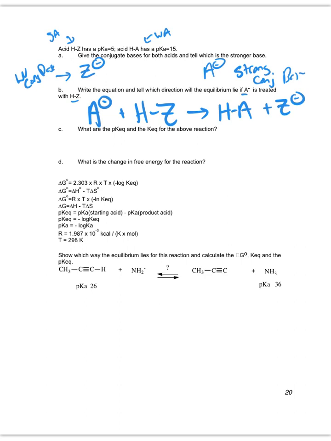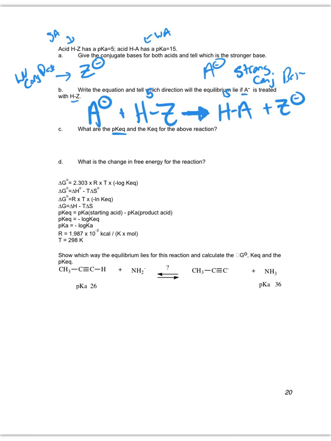HZ has a pKa of 5, HA has a pKa of 15, so we know HZ is the stronger acid, HA is the weaker acid, so this equilibrium will lie towards products based on just the difference in the pKa of the starting acid and the product acid. So how do we go from the pKa of both the starting acid and product acid and figure out the pKeq?